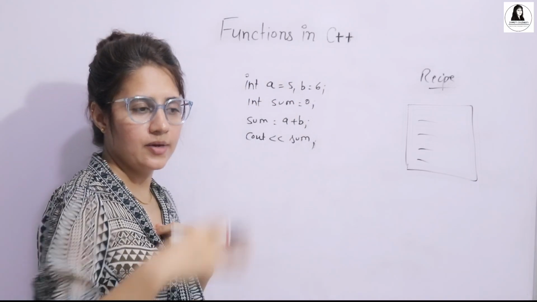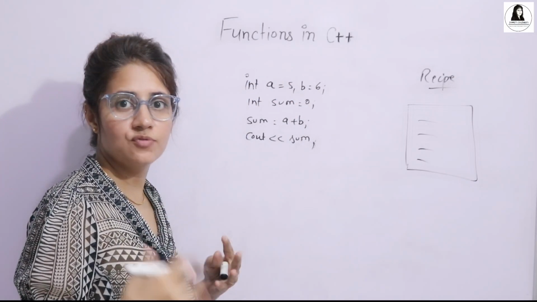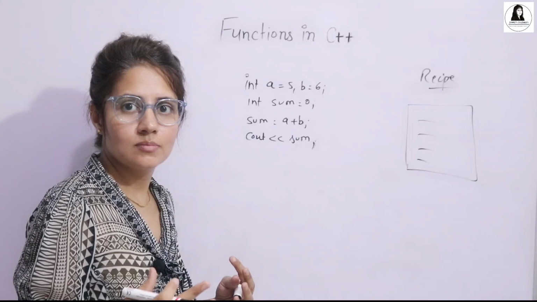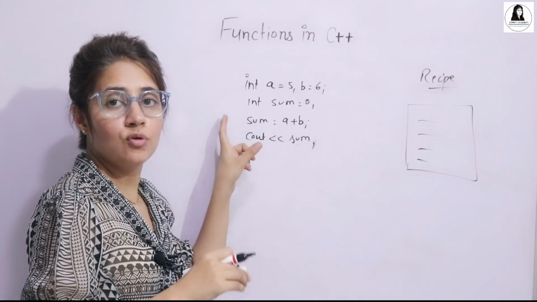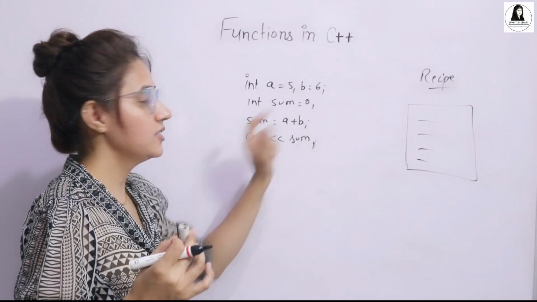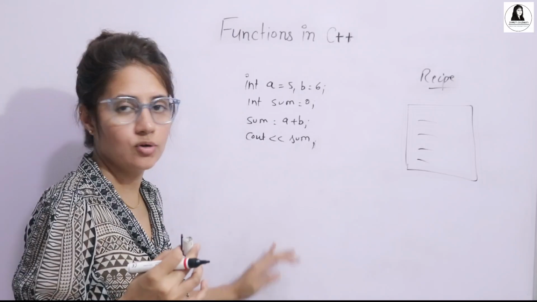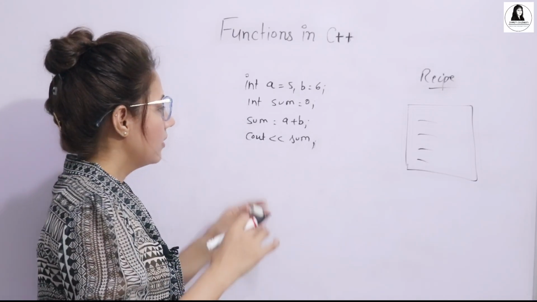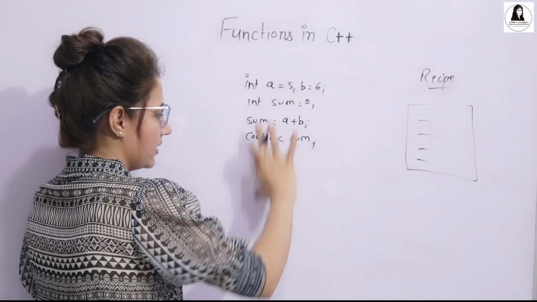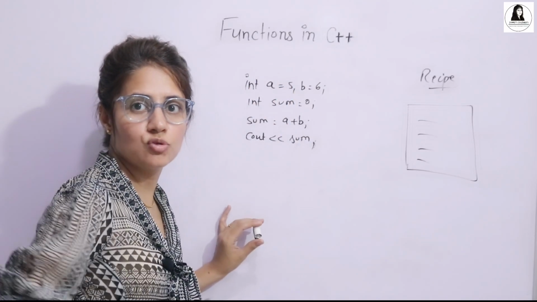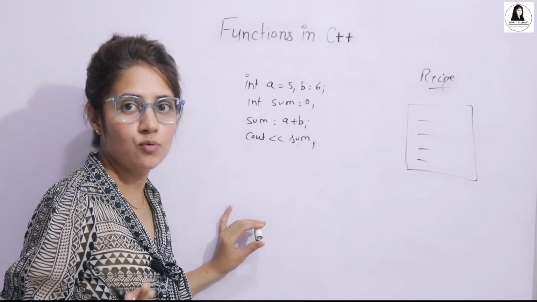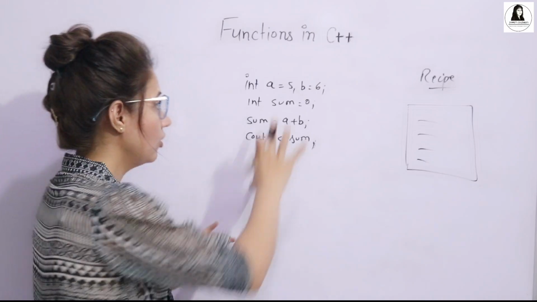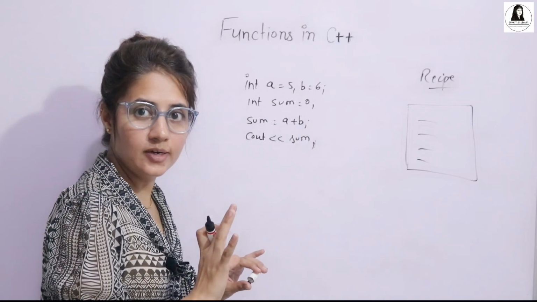Suppose in my program, I have a large program and I want to calculate the sum 5 times or 10 times. Then you have to write different numbers, like 5 and 6, then 7 and 8, or any other numbers. So I have to write down these steps 5 times or 7 times, as many times as I want to calculate the sum in my program.